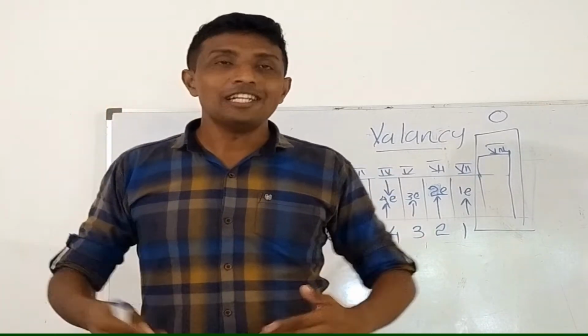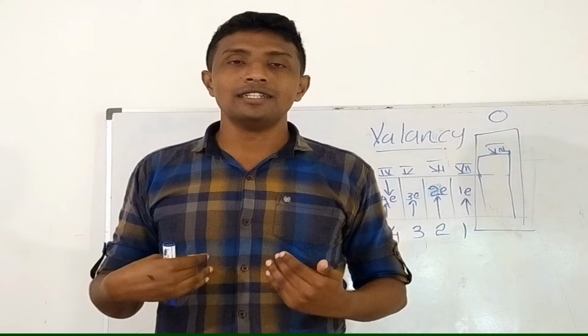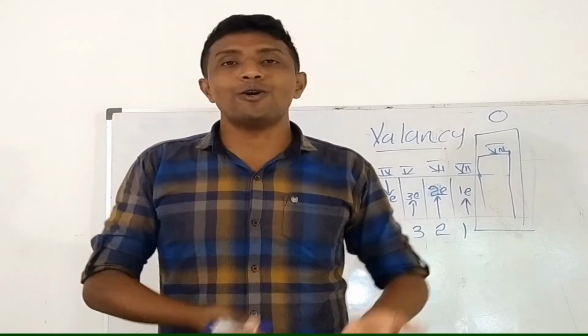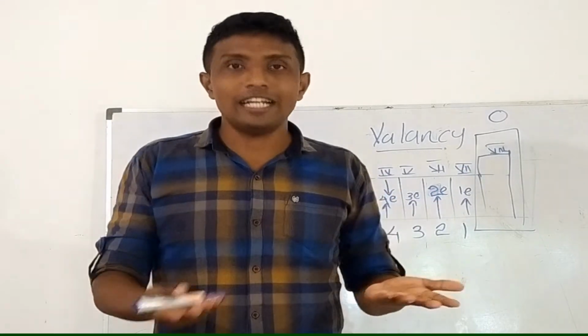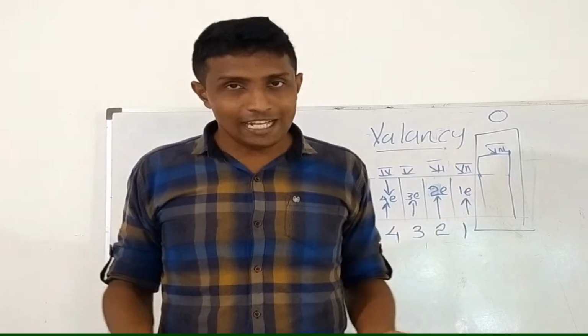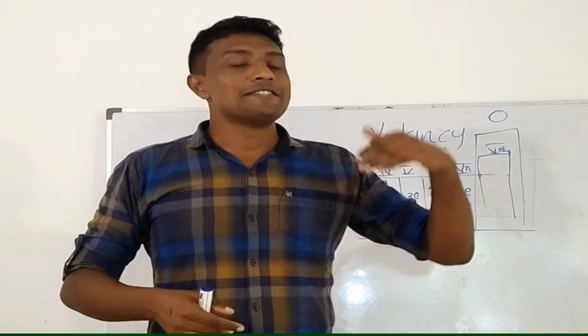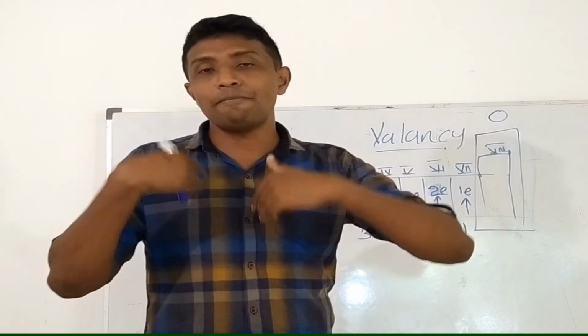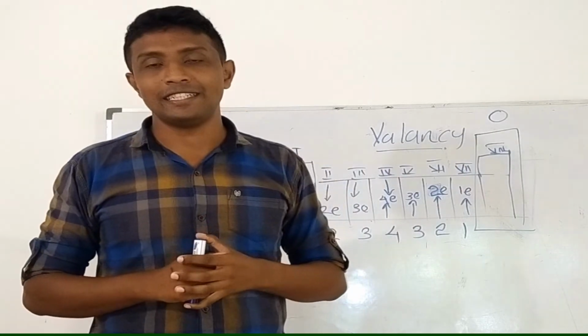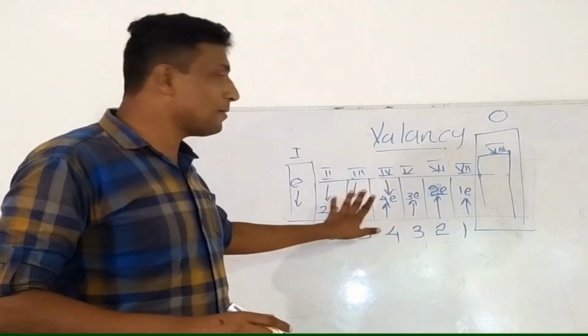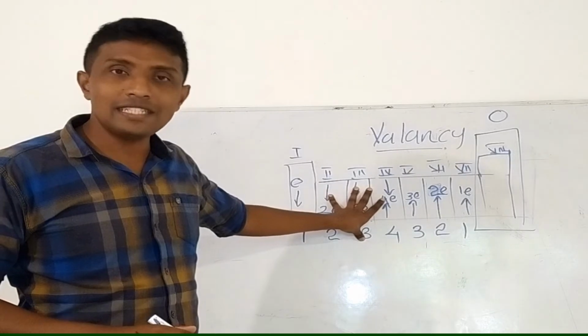So simply, it is to give or take 1 or 2 or 3 or 4 electrons. That is called valency. Some elements give, some elements take. Understood? That is the simple explanation of valency.